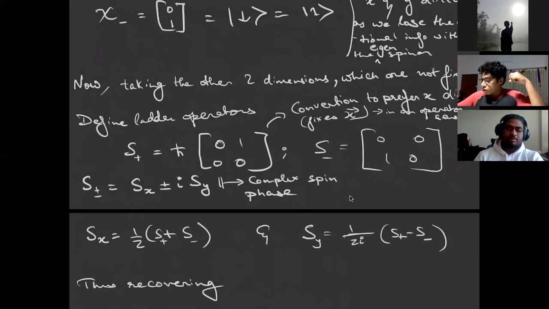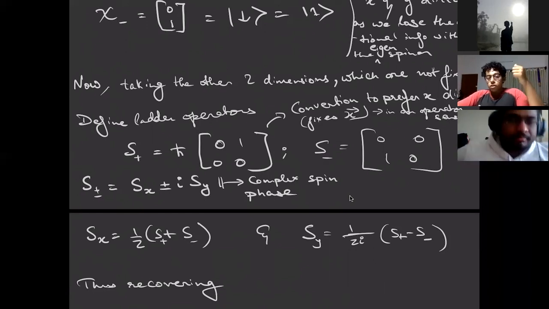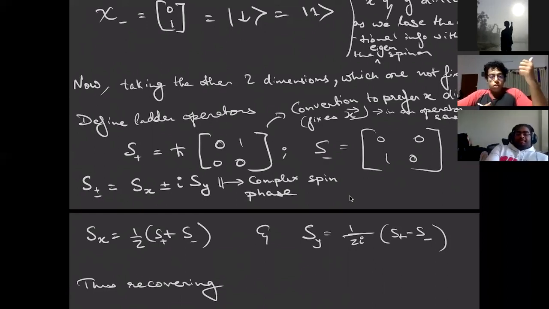So this sort of represents a complex spin phase. Even though you have determined the spin along the z direction to be h bar by 2, or spin up, you still have this complex phase that is coming into the picture, and that is what Sx plus or minus iSy gives you, right?